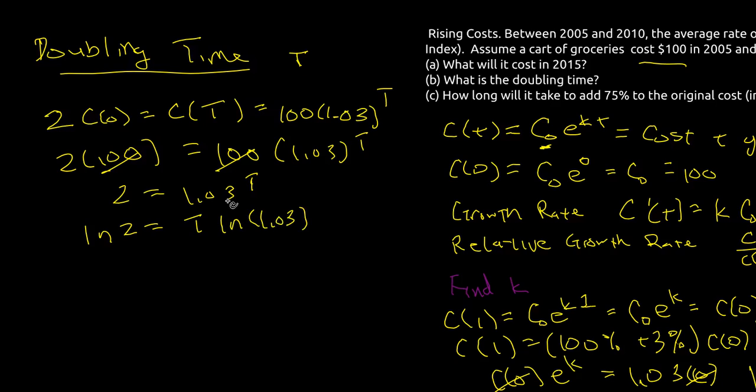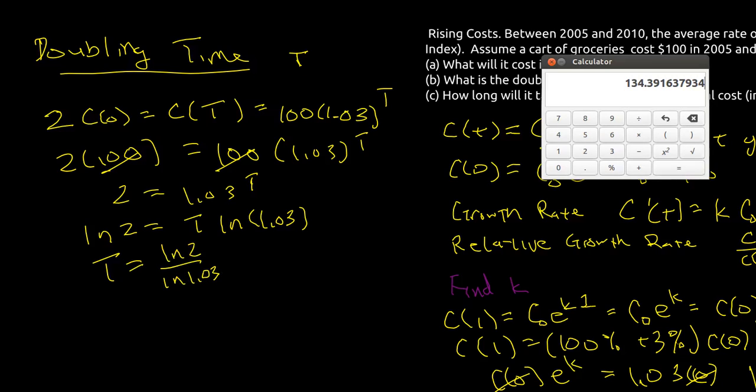And using that property of exponents, we can bring the T outside of the natural log, so we have the doubling time T is the natural log of 2 divided by the natural log of 1.03. And using our calculator, it's about 23.45 years.